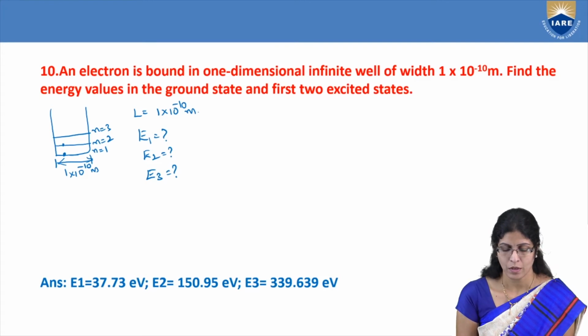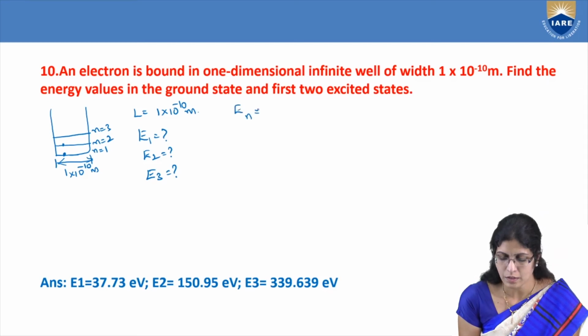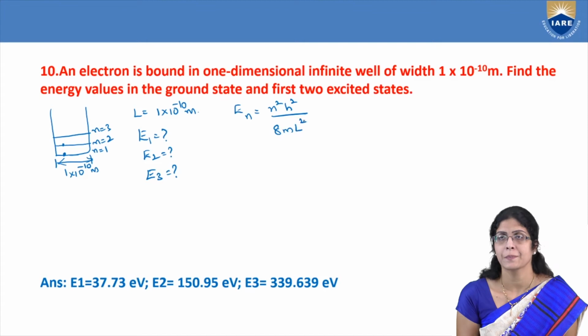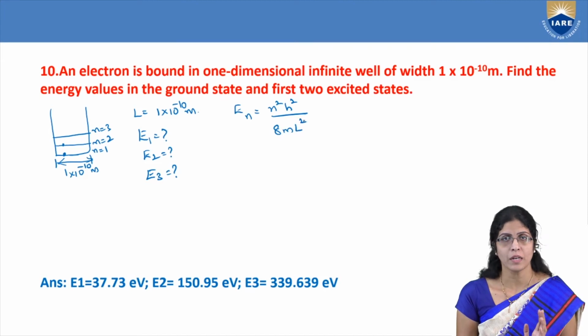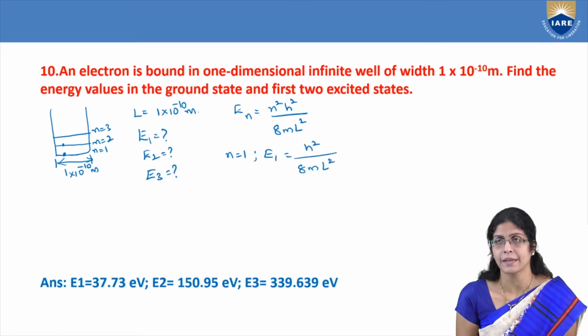Now I'll tell you a relationship between the levels. En, what do you know? n square h square by 8mL square. This is a formula which you know very well. So for n is equal to 1, E1 is equal to 1 square h square by 8mL square.